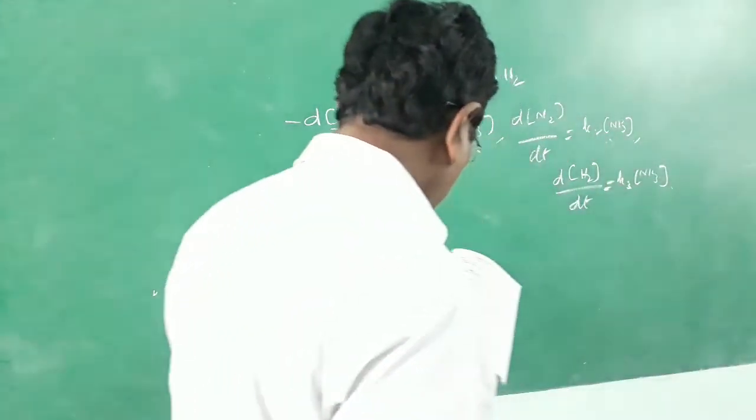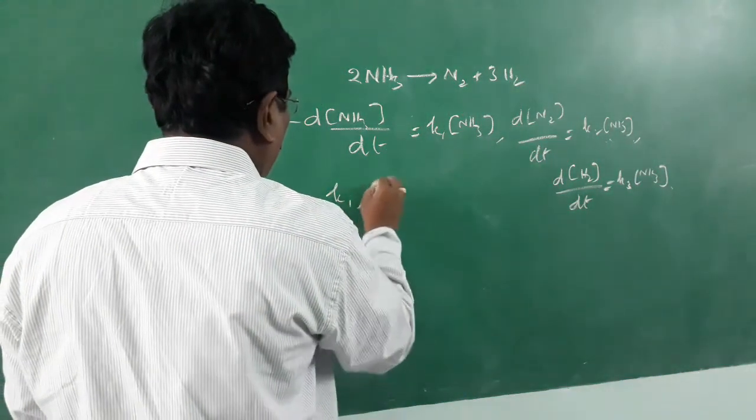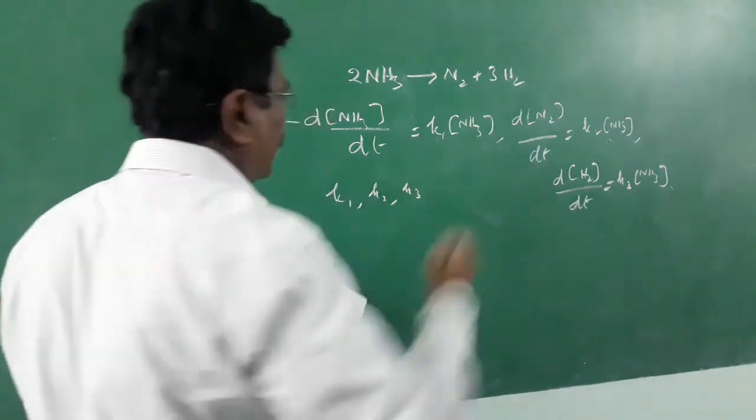This is what is given. Then the relationship between K1, K2 and K3 is asked. What is the relationship among the three?